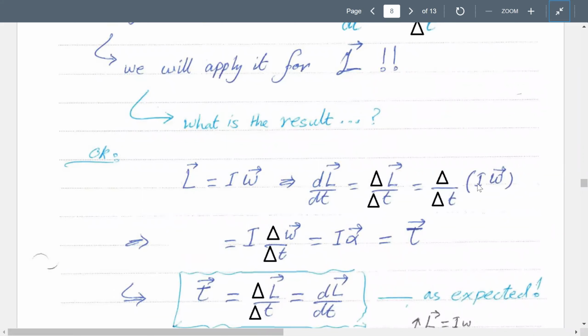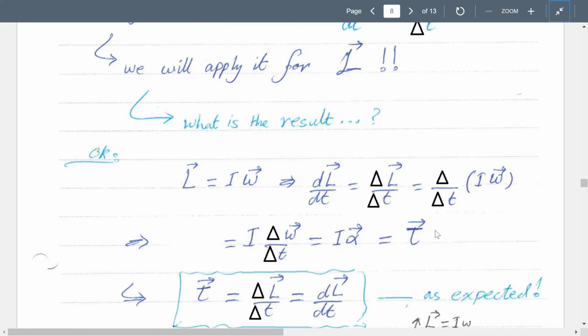The angular momentum is equal to I omega. Any change with respect to time of the angular momentum, we can apply it here. I is the moment of inertia, it is constant. We can take it out from this change. So delta omega over delta t, the change in velocity with respect to time, is the acceleration. It is alpha, the angular acceleration. I is the angular mass, and alpha is the angular acceleration.